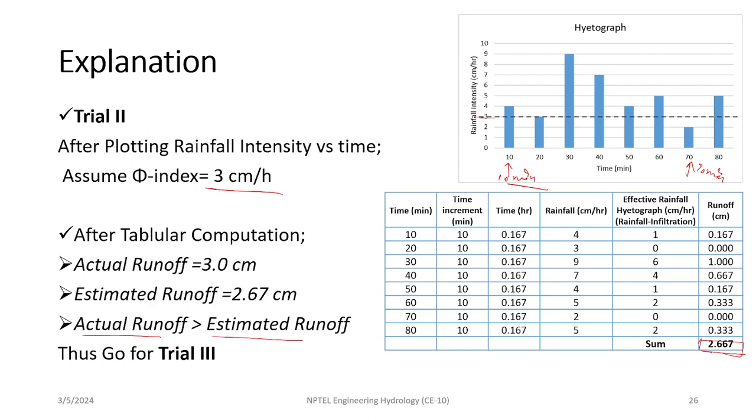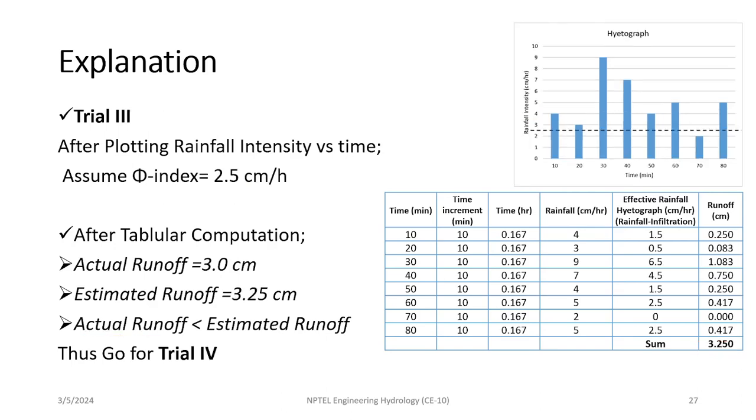Firstly, you have to assume the smallest rainfall intensity, and if you go for the next trial, then you have to take the next higher rainfall intensity value, and so on. Is it clear to you? Yeah, it's clear, sir.